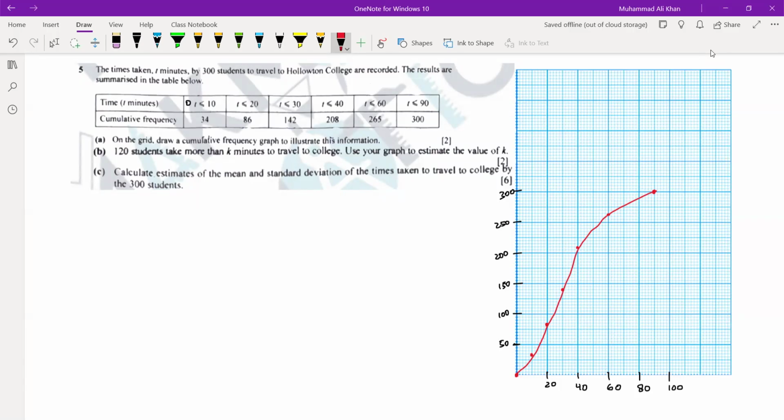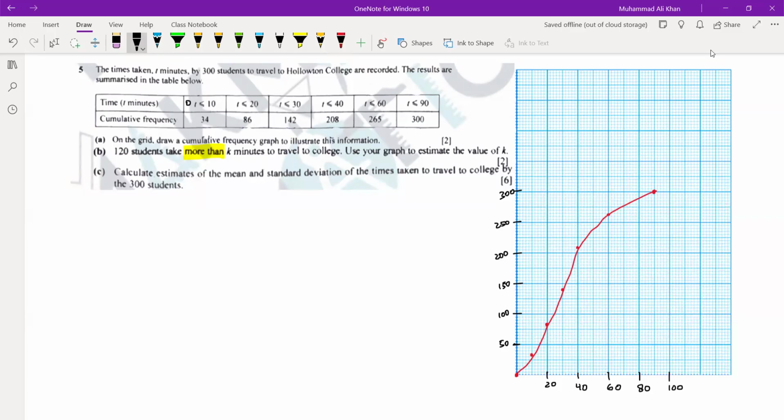And after that, 120 students take more than k minutes to travel to college, use the graph to estimate the value of k. If they are saying more than, it means we have to go 120 below from the top. So 300 minus 120 will be 180.